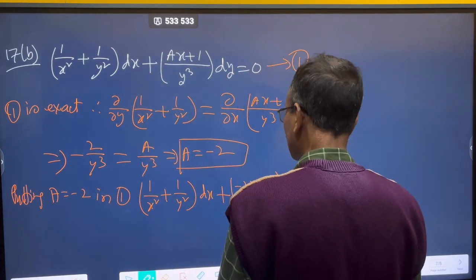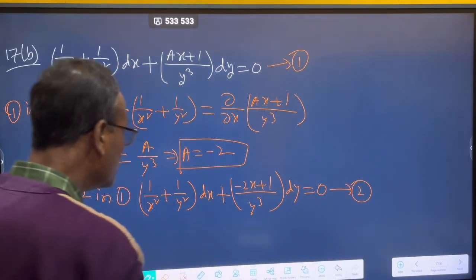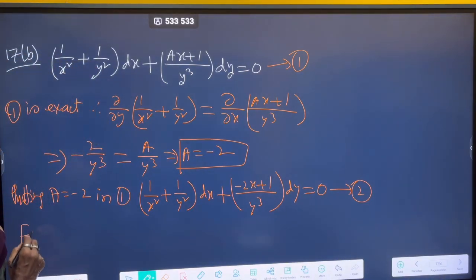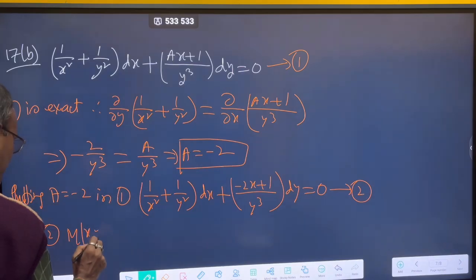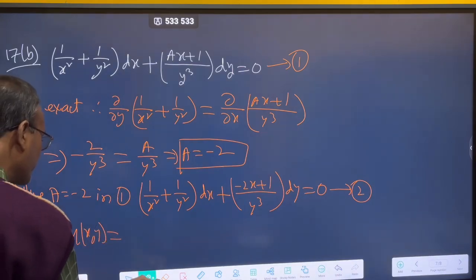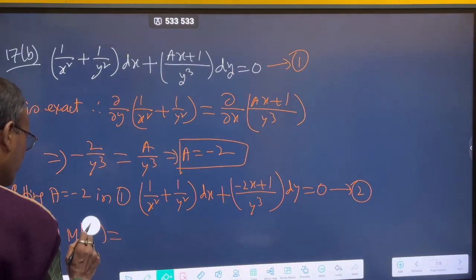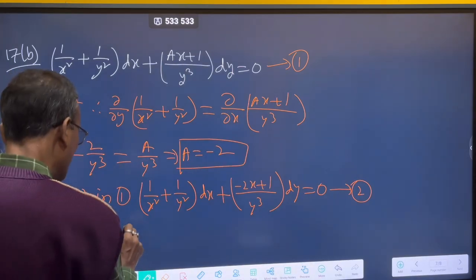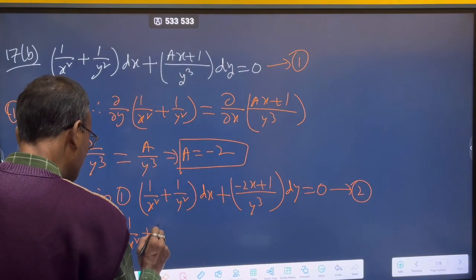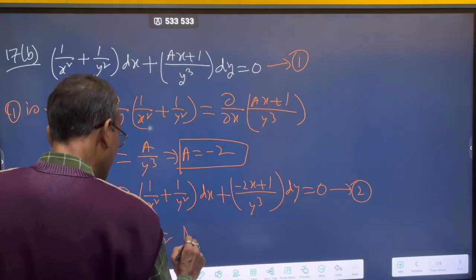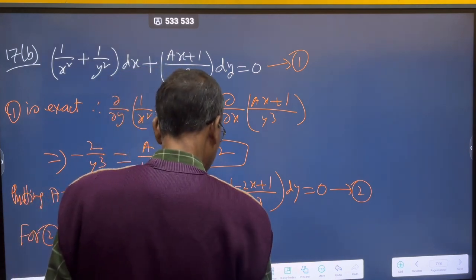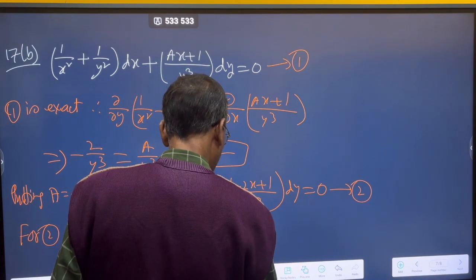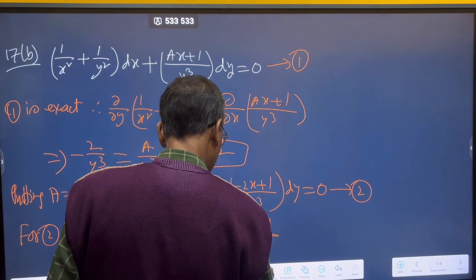Suppose this is number 2. For 2, M(x,y) = 1/x² + 1/y², and N(x,y) = −2x + 1/y³.